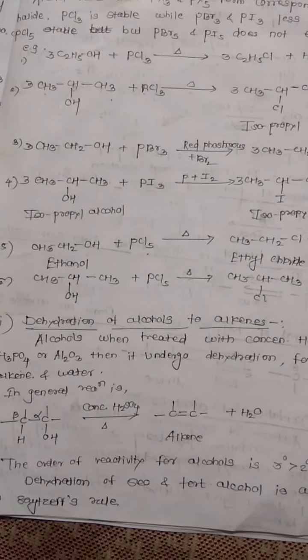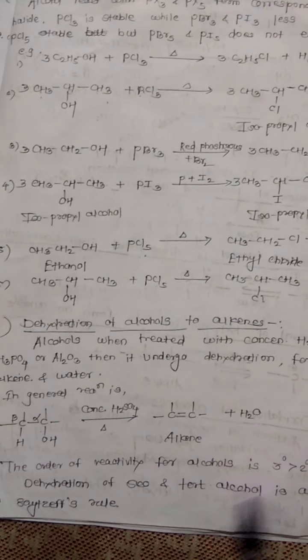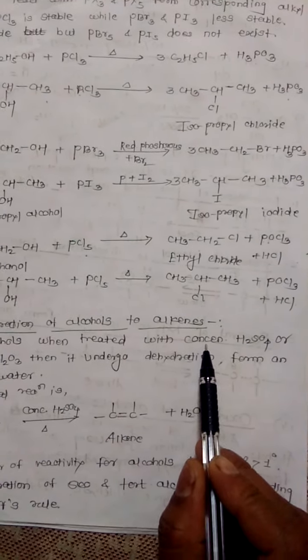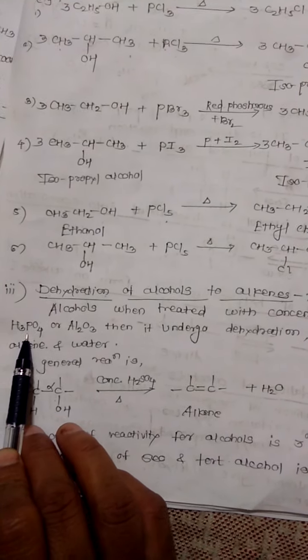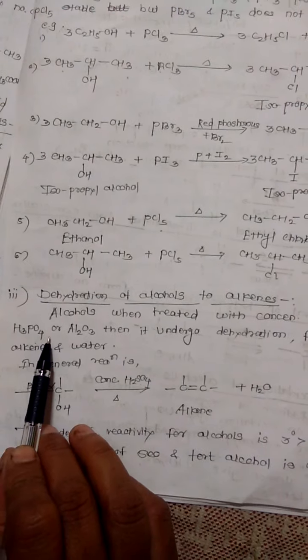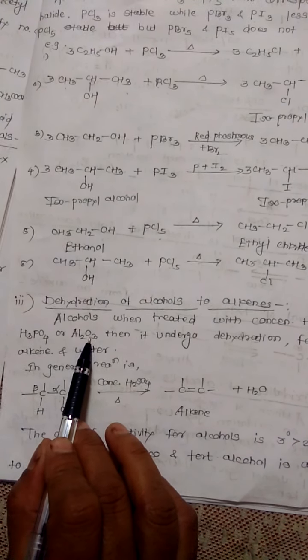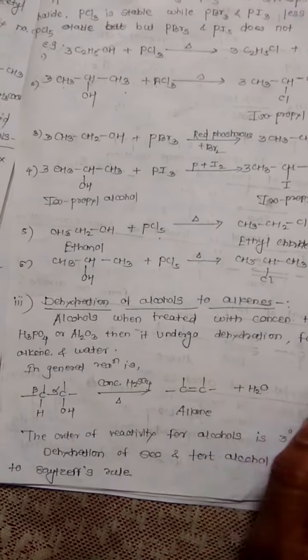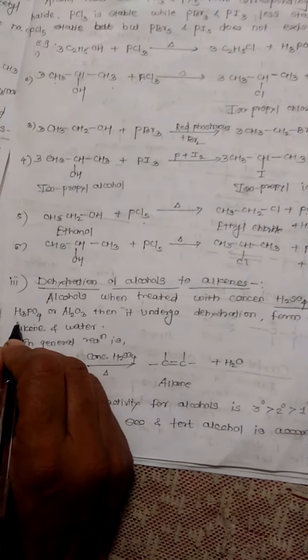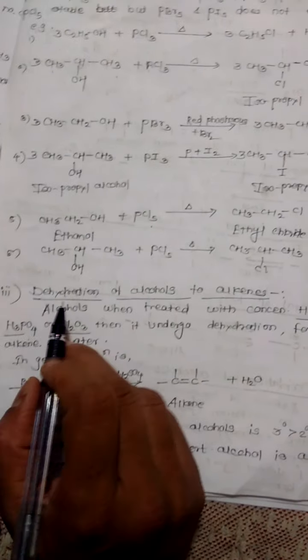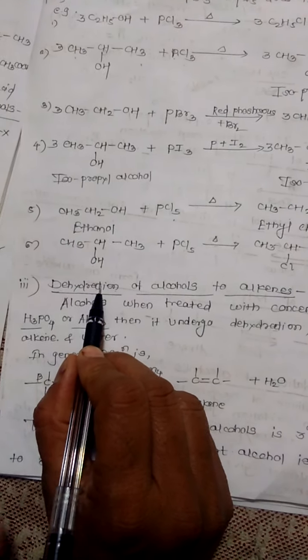When we take the alcohol and treat it with a dehydrating agent, concentrated H2SO4, or H3PO4 phosphoric acid, or Al2O3 alumina. These three are dehydrating agents because here we carry out the process of dehydration.